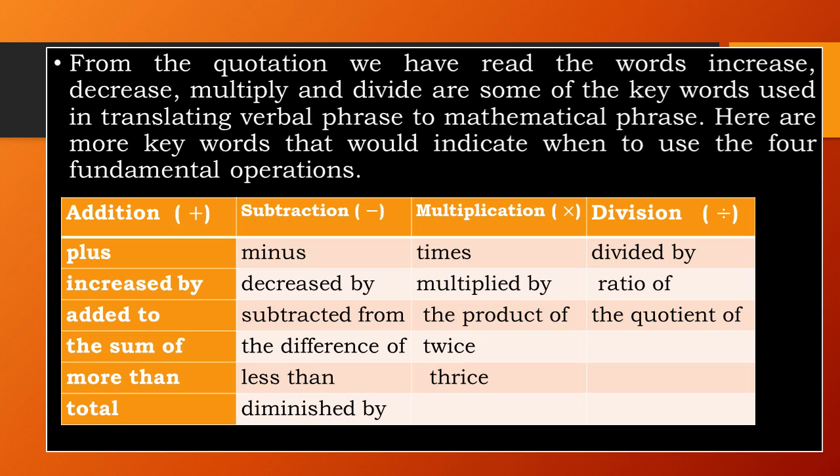While in subtraction: minus, decrease by, subtracted from, the difference of, less than, and diminished by. In multiplication: times, multiplied by, the product of, twice, and thrice. In division: divided by, ratio of, and the quotient of. Always remember these because this is helpful in translating English phrases into mathematical phrases.